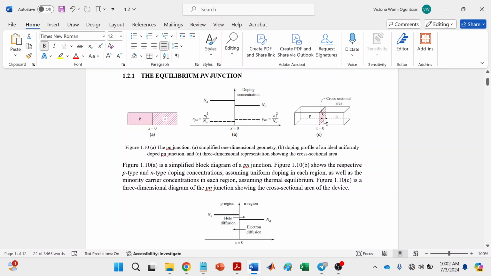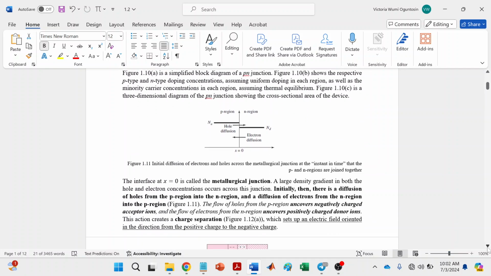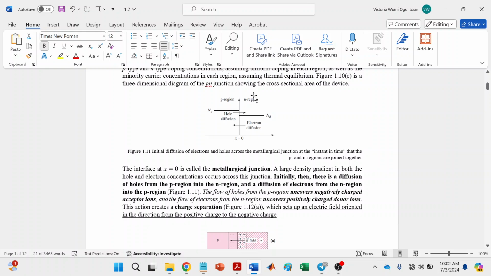As we have seen, the junction at x equals 0 is the metallurgical junction. This interface is the metallurgical junction, and this is the PN region.